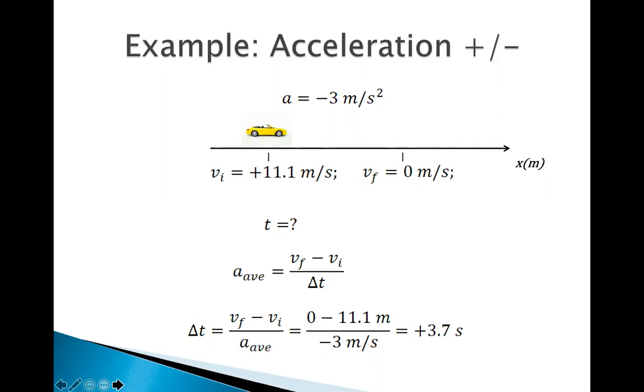This is the relationship we know: average acceleration is change of velocity divided by time. So the time equals the change of velocity divided by the acceleration. The change of velocity, the final velocity is 0, initial is 11, so the change is negative. What does negative mean? Direction.